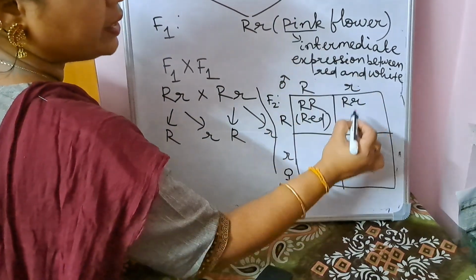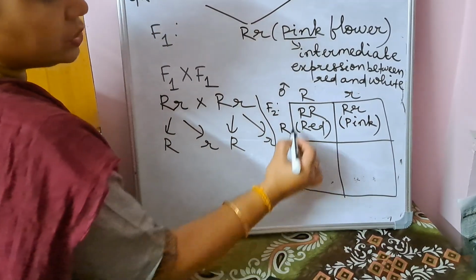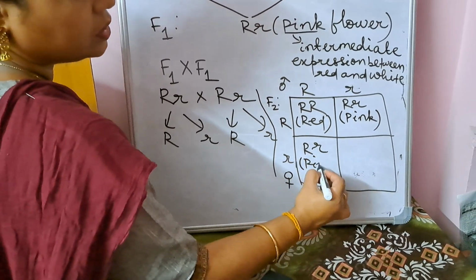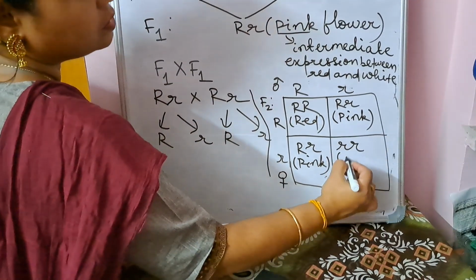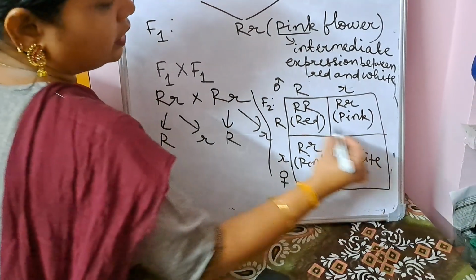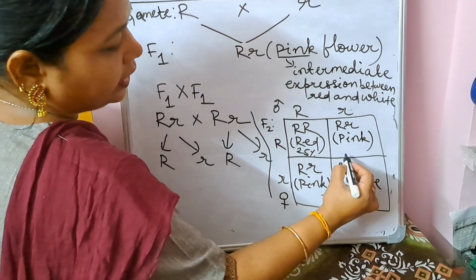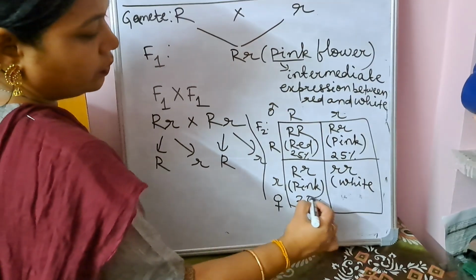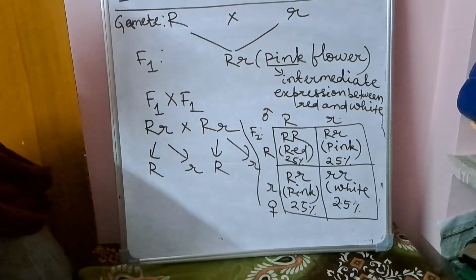It will be intermediate expression again, pink color. Now these two, again capital R small r, again intermediate expression, that is pink. And this to this it will be small r small r, that is white. Now you see 25% will be red, 50% will be pink and 25% will be white flowered plant.